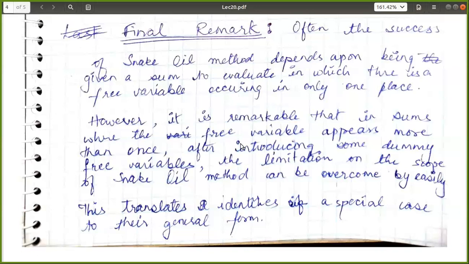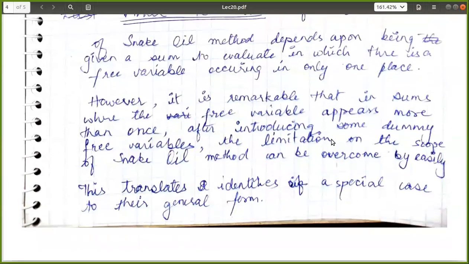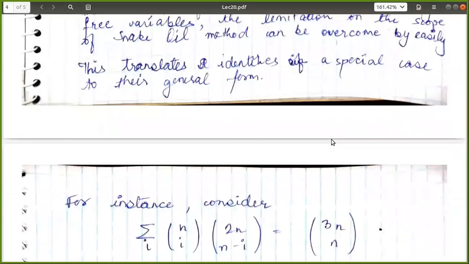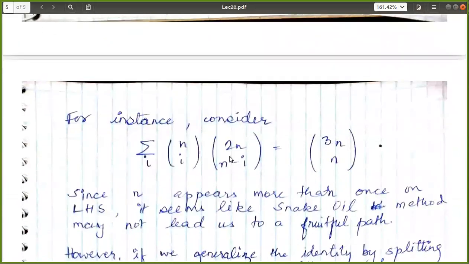So by introducing this dummy variable, you actually translate the identities to their general form. For instance, if you have this particular hypergeometric series, summation over i, n choose i, 2n choose n minus i, n is the only free variable in this, right?